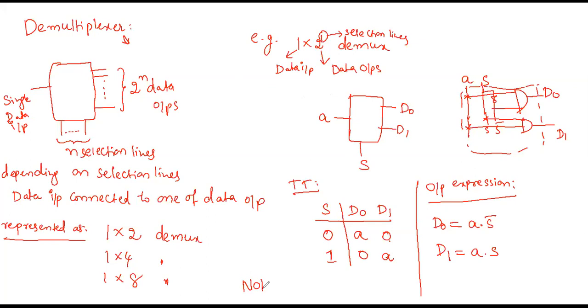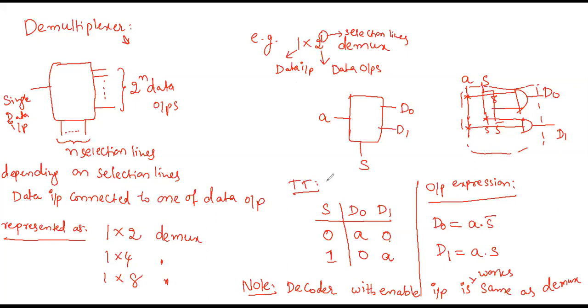A decoder with enable input works the same as a demux.